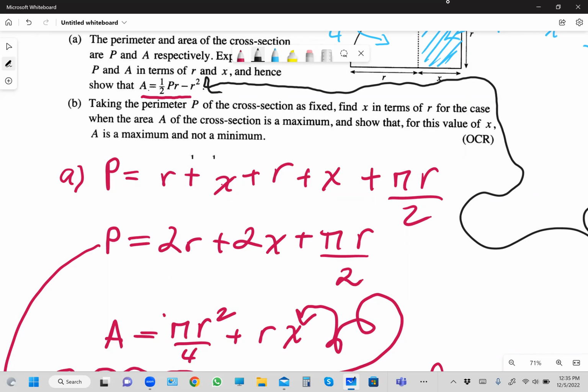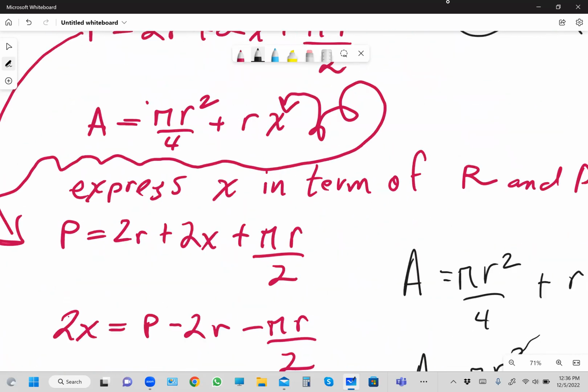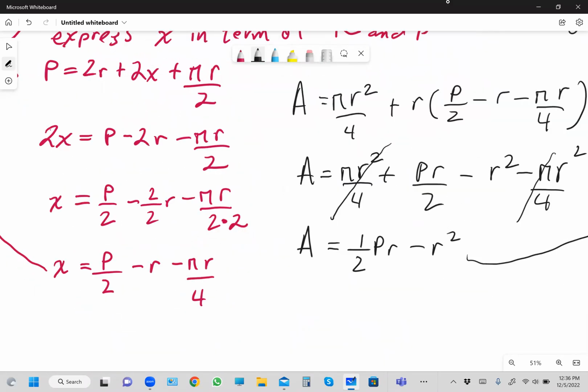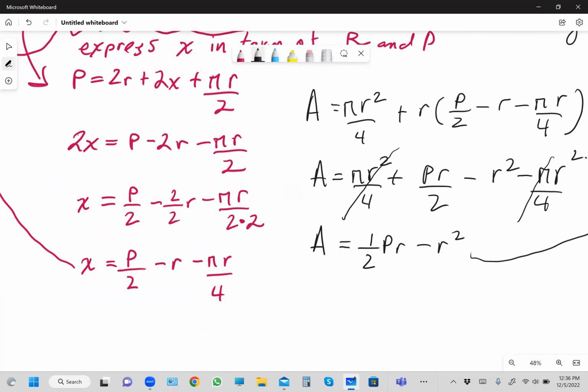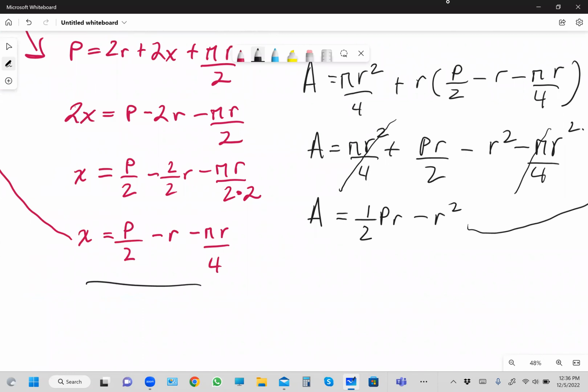All right, so let's try it again. So taking the perimeter, okay. Find X in terms of R, when the area A of the cross section is a maximum, and show that for this value of X, A is a maximum and not a minimum. All right, so here's what I'm gonna do. I gotta remind myself that X is this, okay?